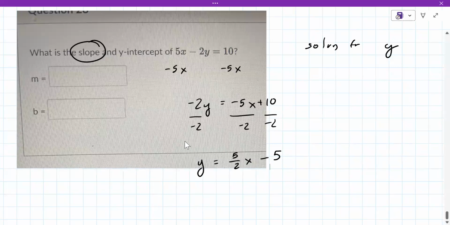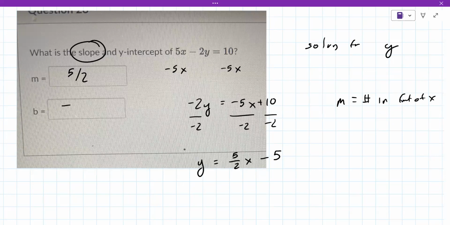So you have to be able to isolate the variable y. In this case, the slope is always the number in front of x. What is the number in front of x? Oh, 5/2. 5 over 2. So that's your slope. And b is -5. Yes.